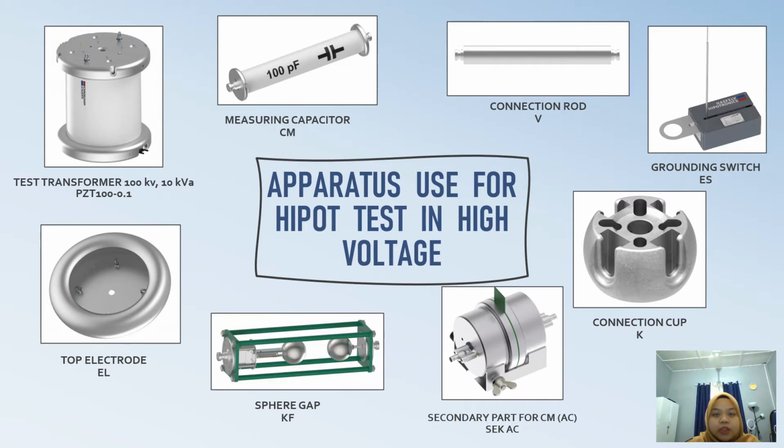Next, the measuring capacitor type CM, the connection rod type V, grounding switch type ES, the connection cup type K, the secondary part for CMAC type SEKAC, the sphere gap type KF, and the last one is the top electrode type EL. So all of these apparatus are being used for high voltage hipot test.